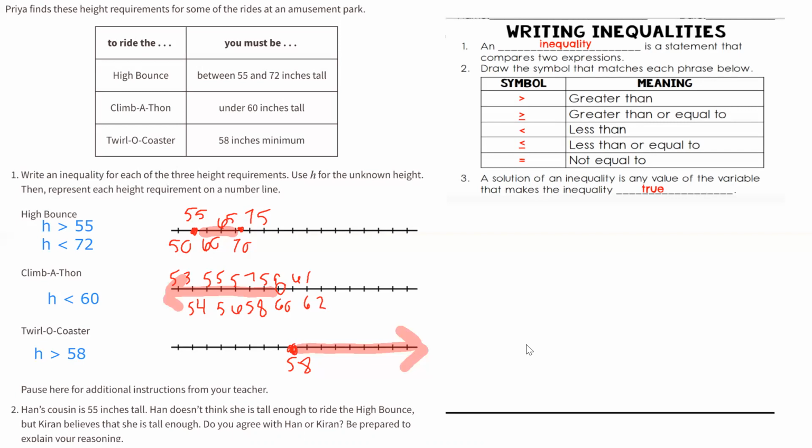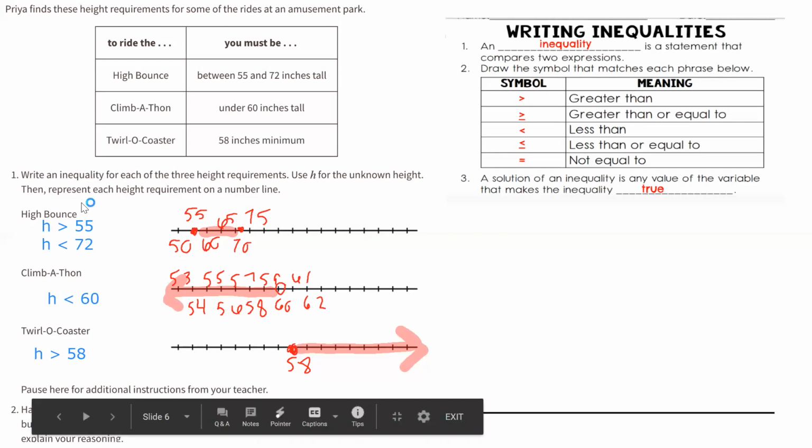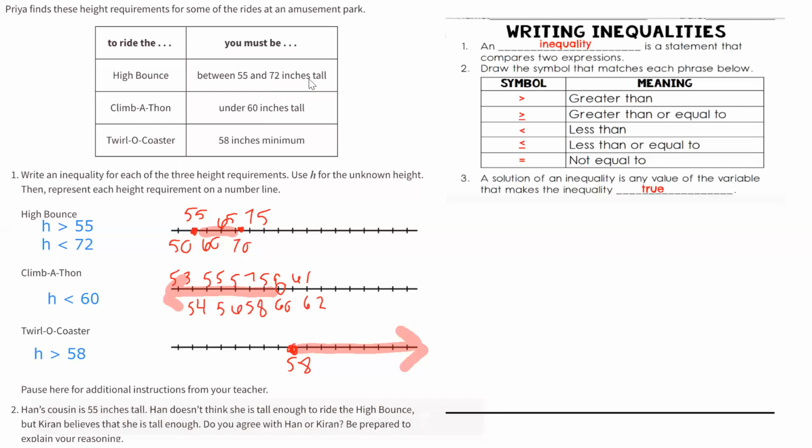So do we agree with Han, where he says she's not tall enough to ride the high bounce at 55 inches? Or where Kieran says she is tall enough? Let's take a look. It says to ride the high bounce, you have to be between 55 and 72 inches.